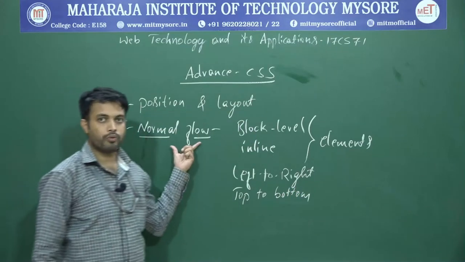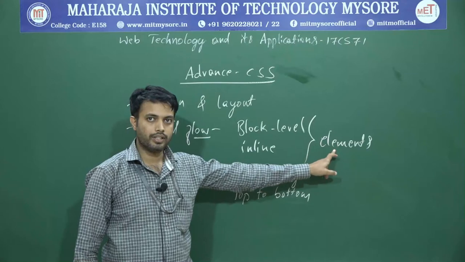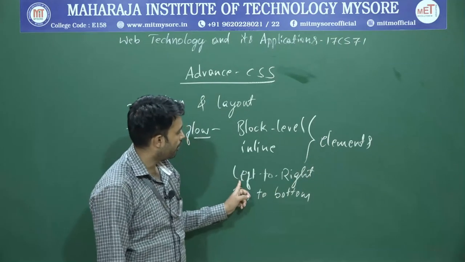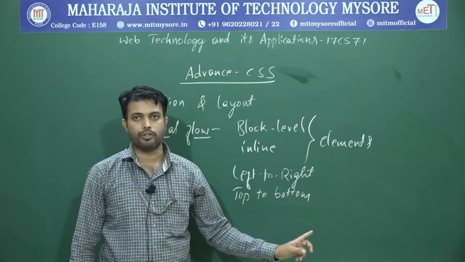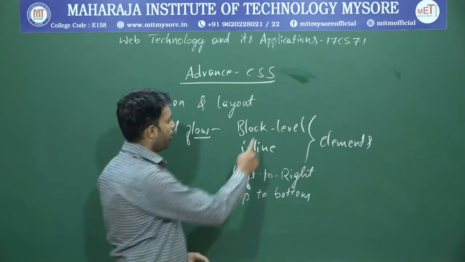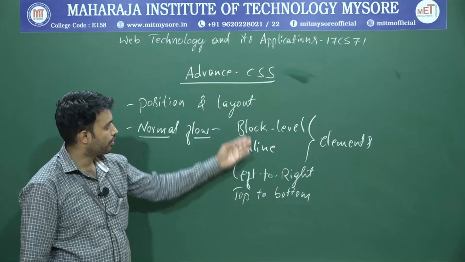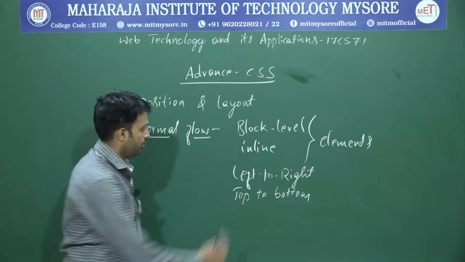So what about the normal flow of elements? Both block level and inline elements are displayed from left to right and top to bottom. This is the normal way. So what do you mean by block level and inline elements? We will look into these two elements in detail.